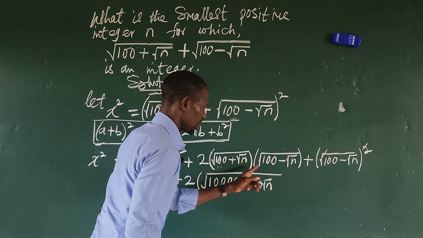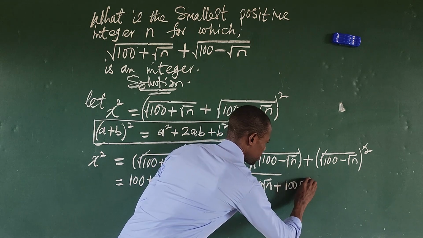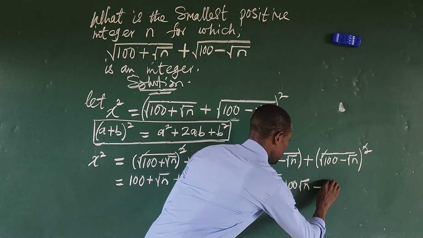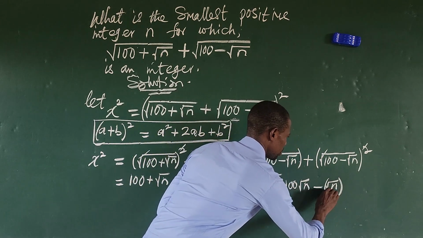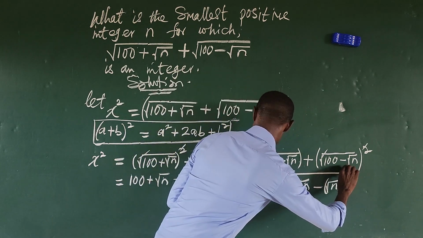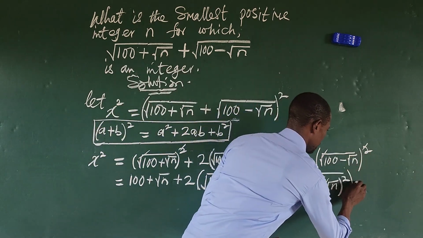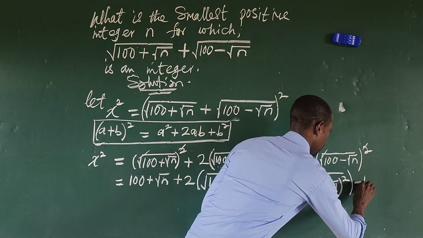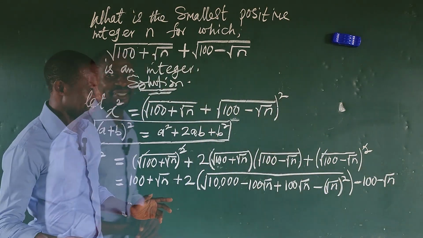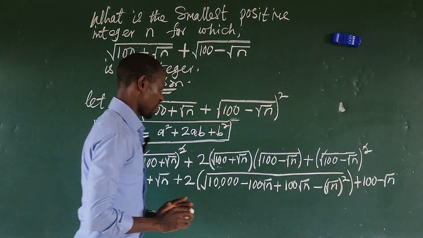Then we use this root n times 100, which gives us plus 100 root n. Then this times this gives us minus the square root of n to the power of 2. Let's extend our square root here and close our bracket. Then on this side we are left with plus 100 minus the square root of n. Sorry, here it is plus, please.